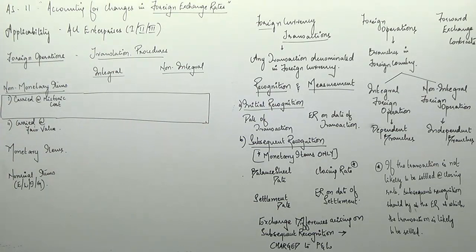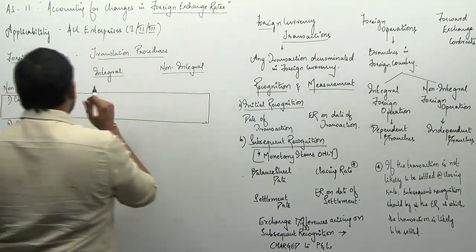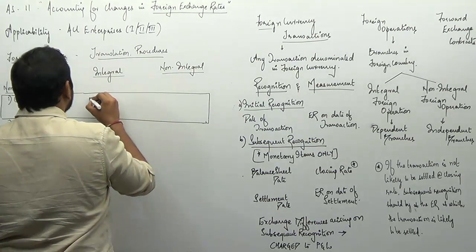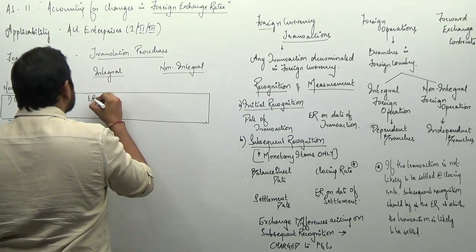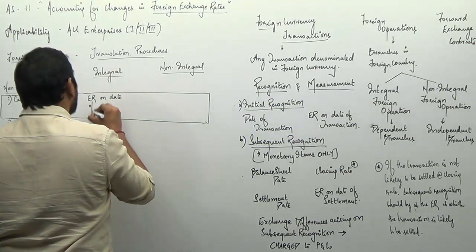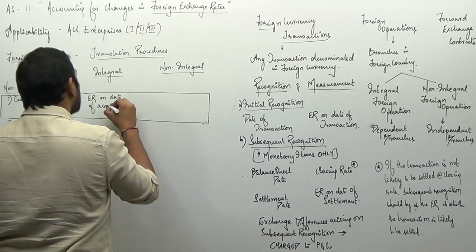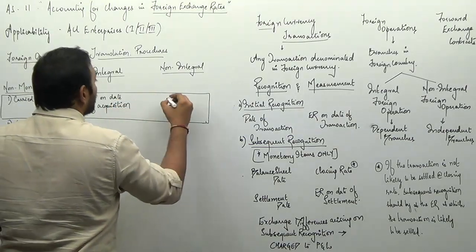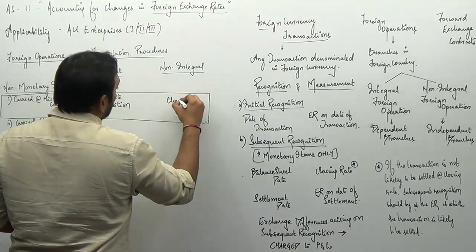Rest everything, your translation procedures for integral and non-integral are same, except for the non-monetary items carried at historic cost. For an integral foreign operation, non-monetary items carried at historic cost should be translated using exchange rate on date of acquisition. While non-integral operations, I use a closing rate.